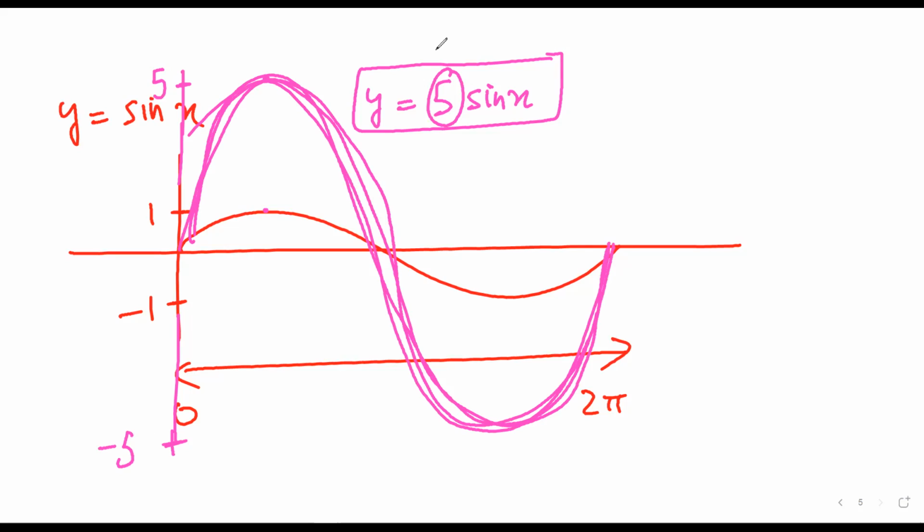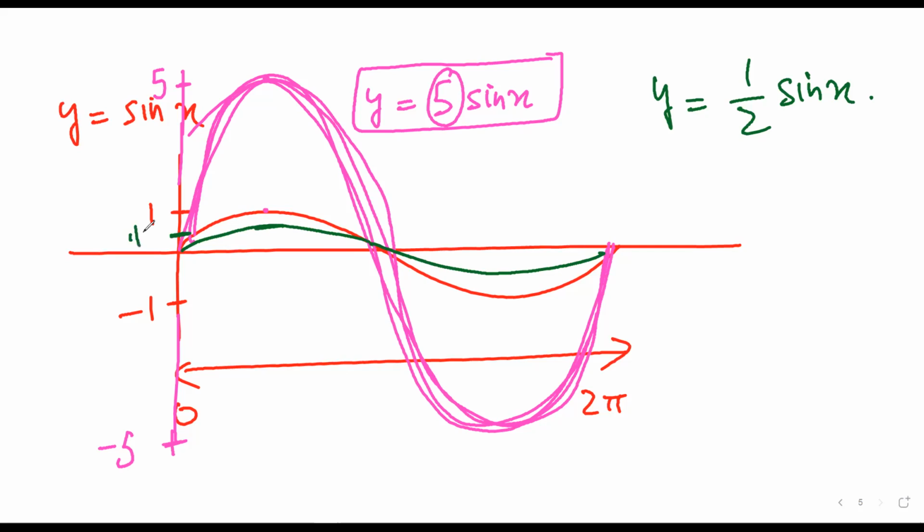If I had written something like this, y is equal to half sin x, all this would have done is it would have limited the sin x curve like this, where this would have been half. Is it making sense?